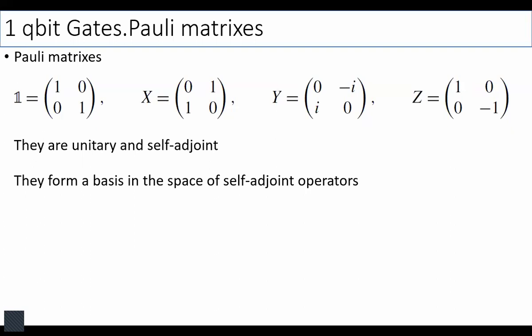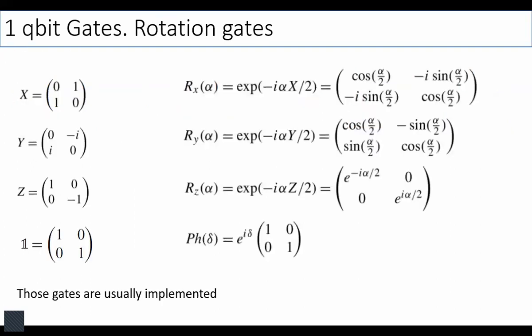And of special importance is their role as self-adjoint operators, not only as unitary. Because if you consider them as a Hamiltonian, then you will get gates which would be the basic blocks for a lot of stuff.